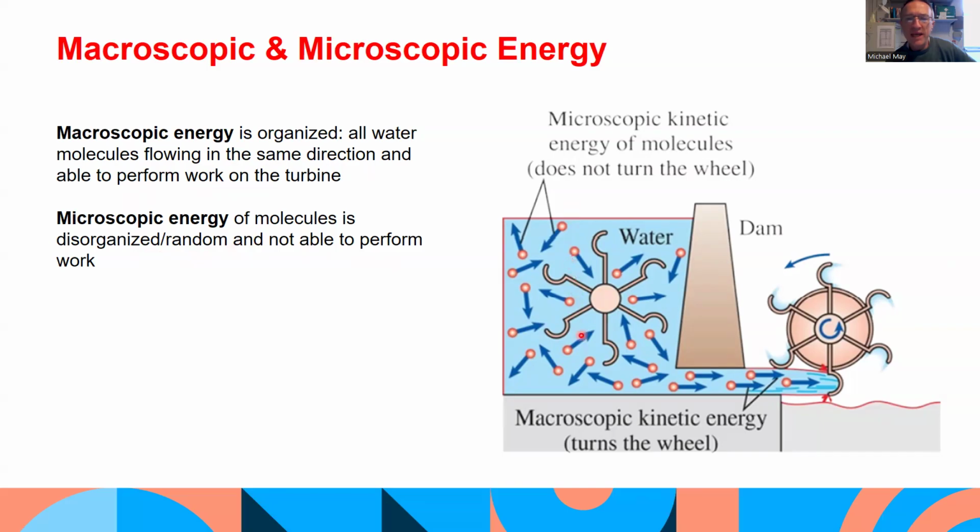So we have all this potential energy in the water due to its height. And as that water is released down through the gate under the dam, it's being turned into kinetic energy by virtue of its movement.